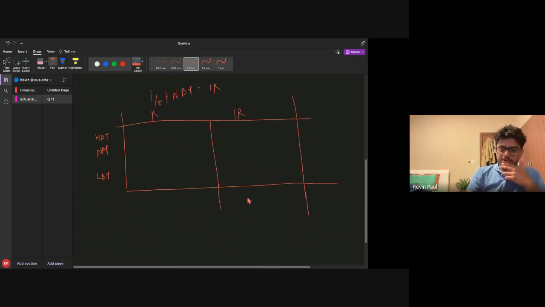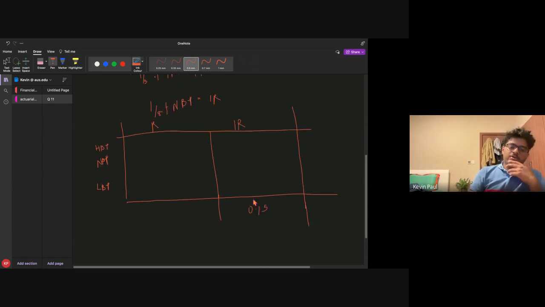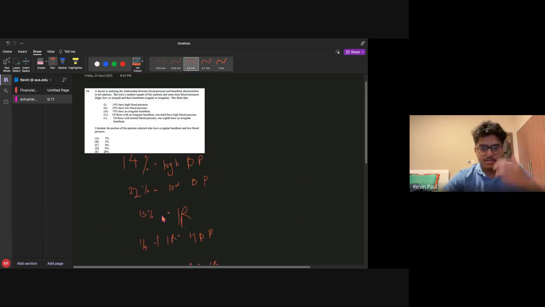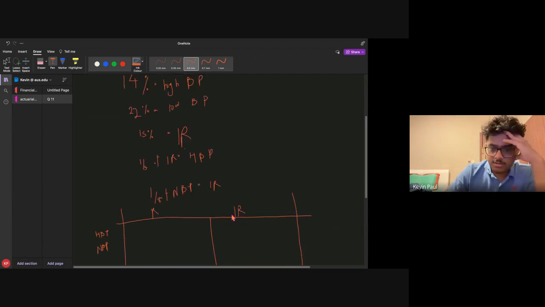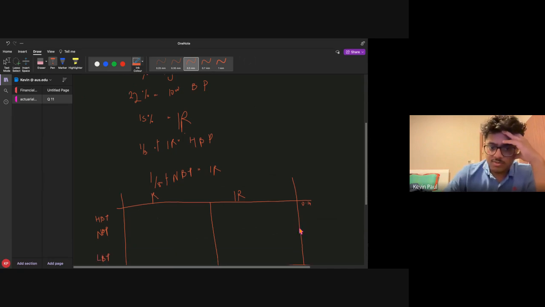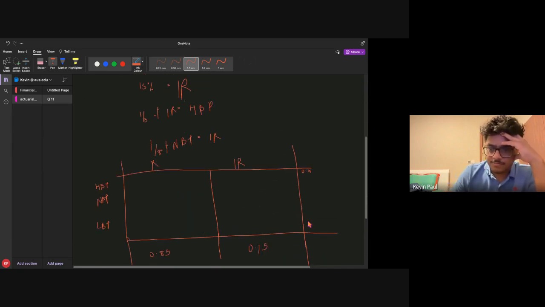So 15% of all the patients have irregular heartbeat. And obviously that means the remaining will have regular. And then we have 14% have high BP, 22% has low BP. The sum of these has to give one.